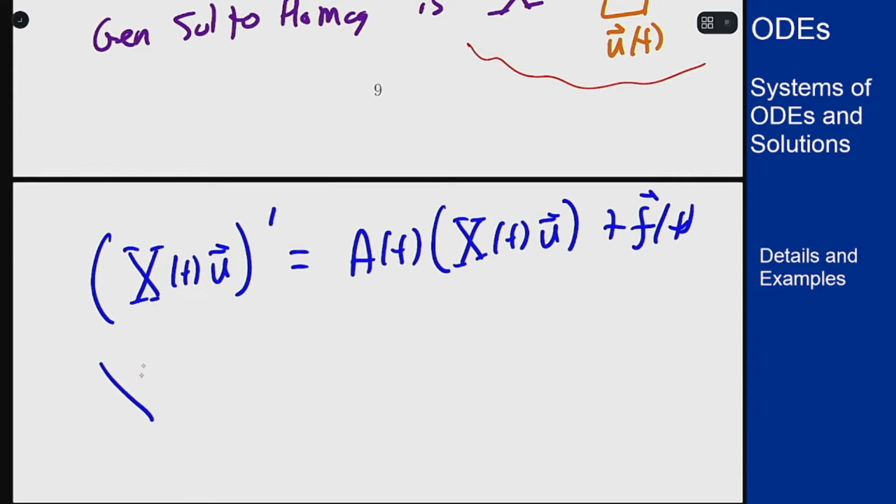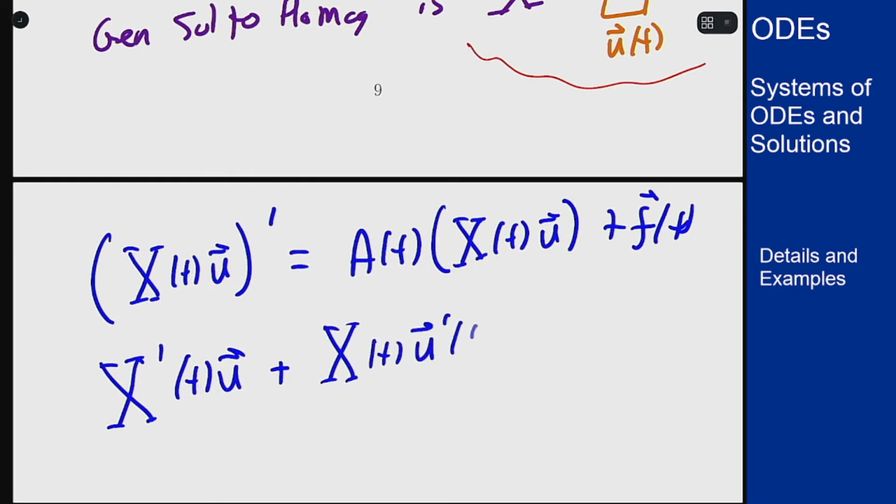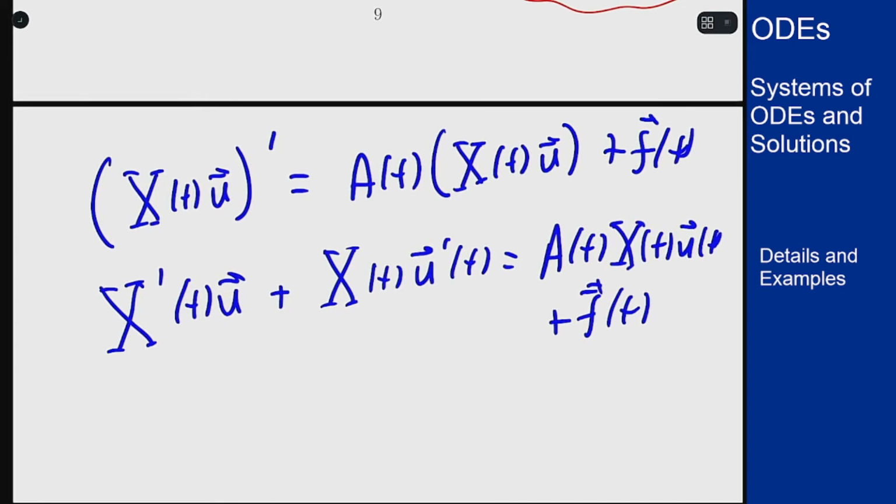So we would get something like X prime of t u plus X of t u prime of t equals A of t X of t u plus f. But because capital X is the fundamental matrix for the original system, we know that this X prime here is just A of t times X of t.